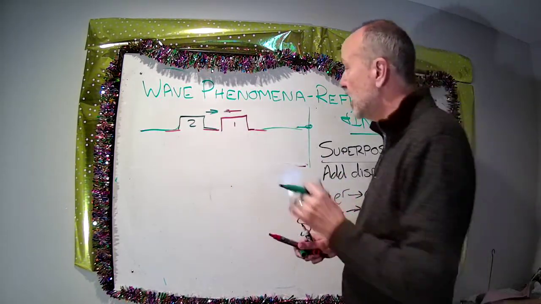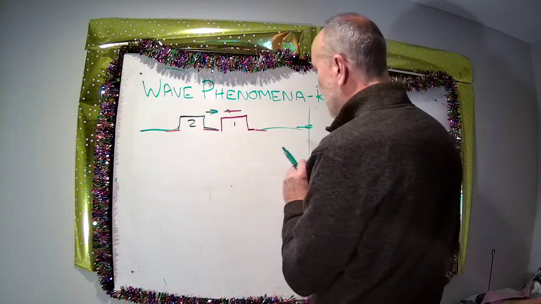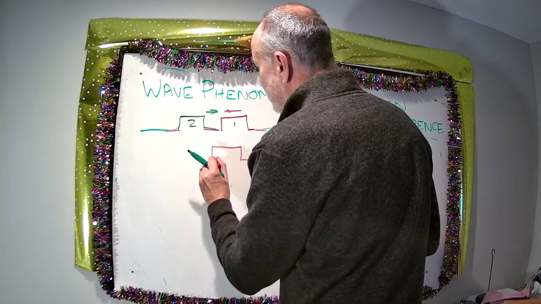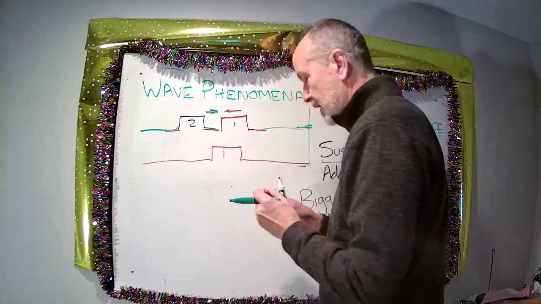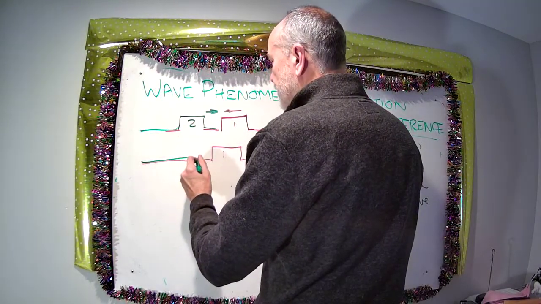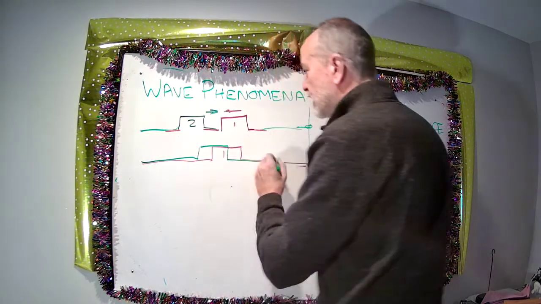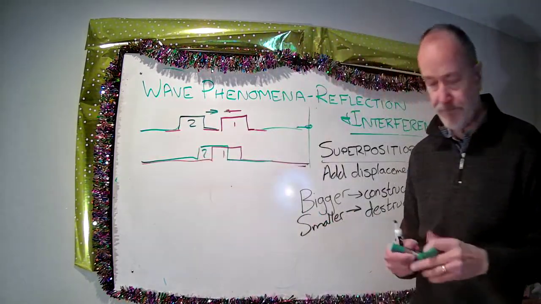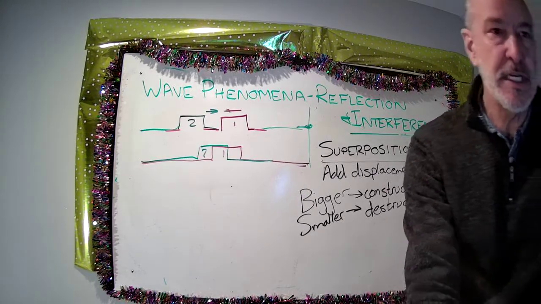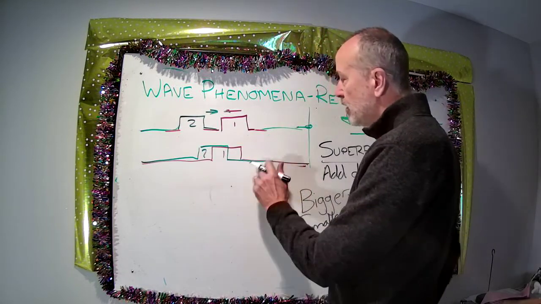Now, what happens later when they're trying to overlap? And let me draw them. Okay, so I'm going to say here, this one is like this. There's 1. And I'm going to say 2 partly overlaps with it. Like that. So there's 2. Well, let's get our superposition thinking caps on. Here, no displacement.